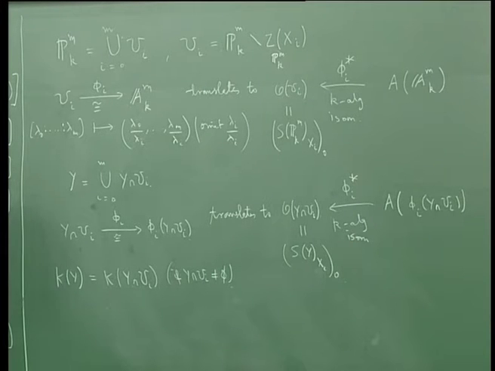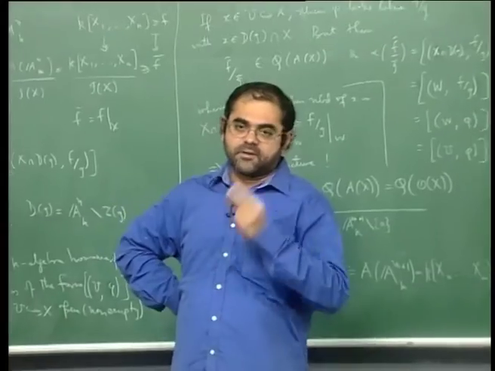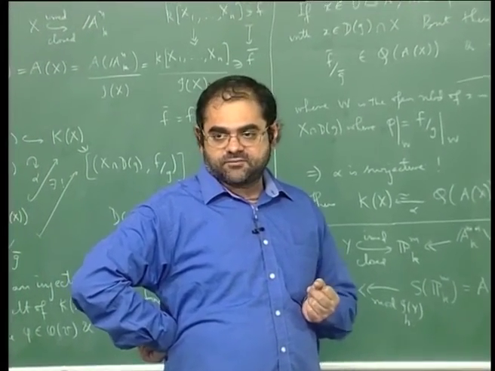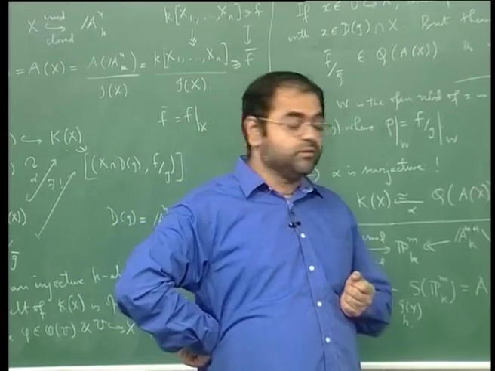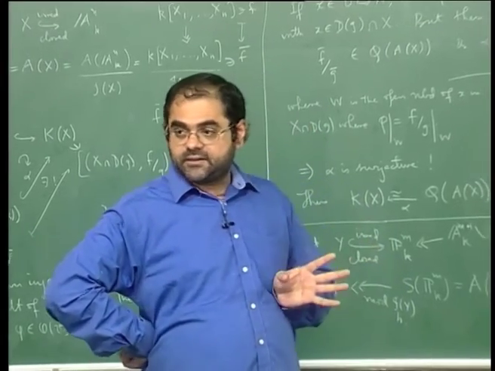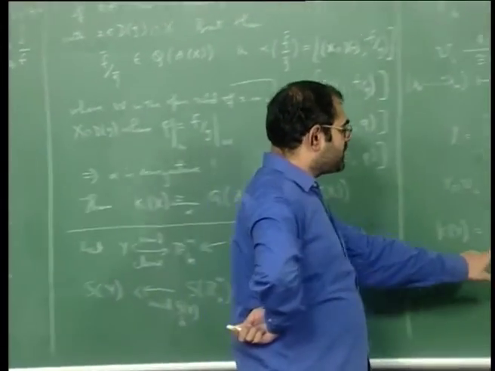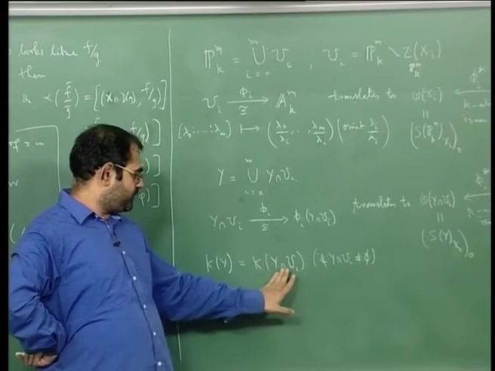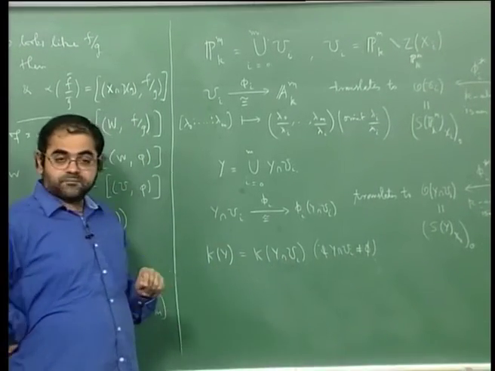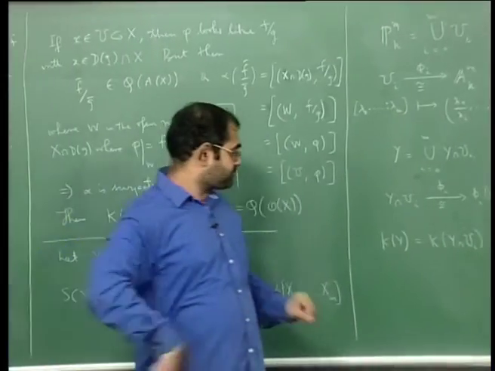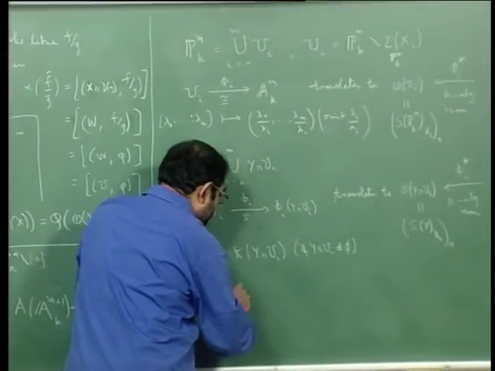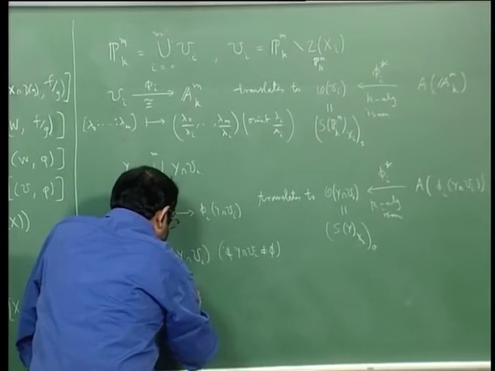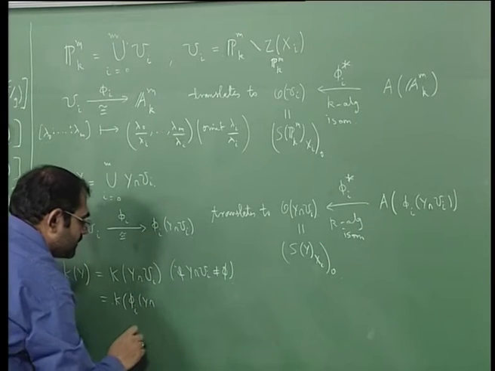Y intersection U_i is a non-empty open subset of Y. Of course I am choosing an i such that Y intersection U_i is non-empty; if some Y intersection U_j is empty, I do not choose that j. There is certainly at least one i such that Y intersects U_i, and you take that Y intersection U_i, a non-empty open subset of Y, which has the same function field. But then K of Y intersection U_i is the same as K of phi of Y intersection U_i.